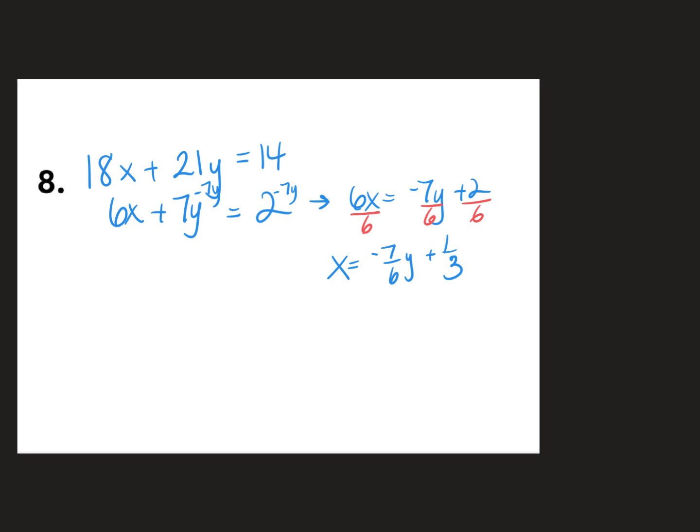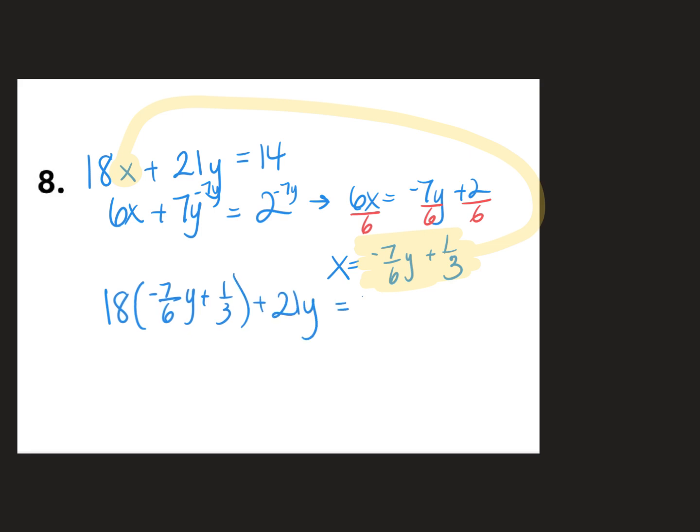All right, and now I am going to substitute negative 7 over 6 y plus 1/3 in for x. So 18 times negative 7 over 6 y plus 1/3, plus 21y equals 14.